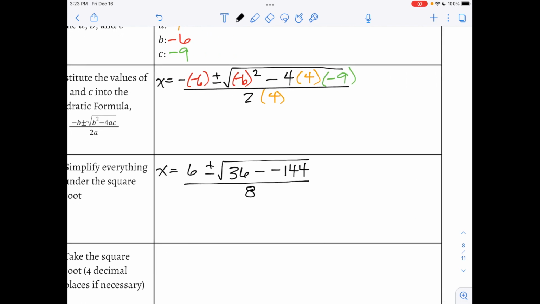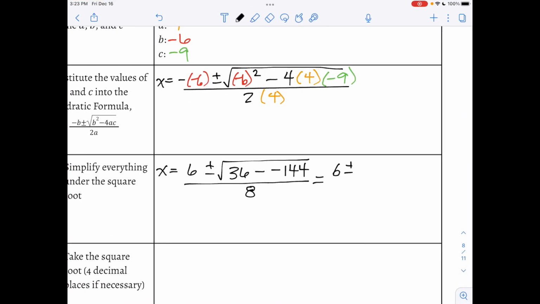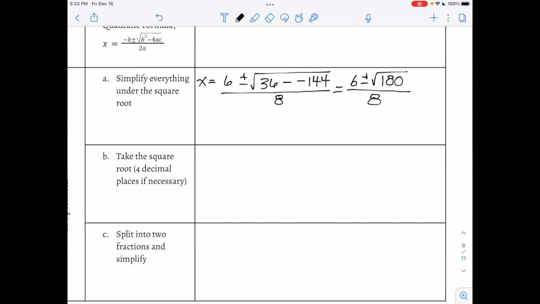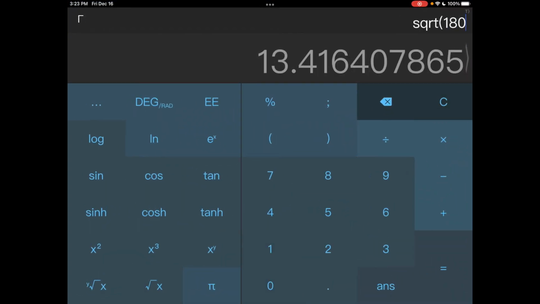Okay, let's go ahead and simplify what's in the square root symbol now. So 6 plus or minus the square root of 36 minus negative 144. So 36 minus negative 144 is 180. Okay, take the square root. So square root of 180 is 13.416407865.